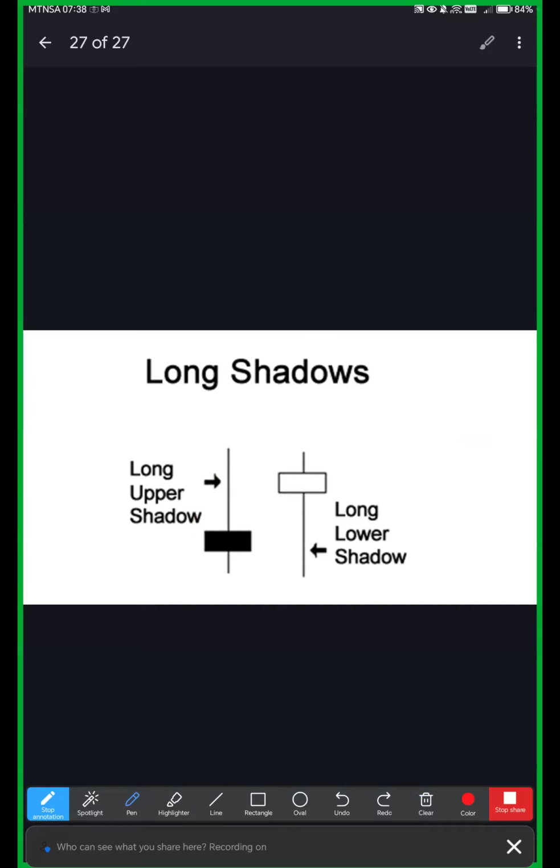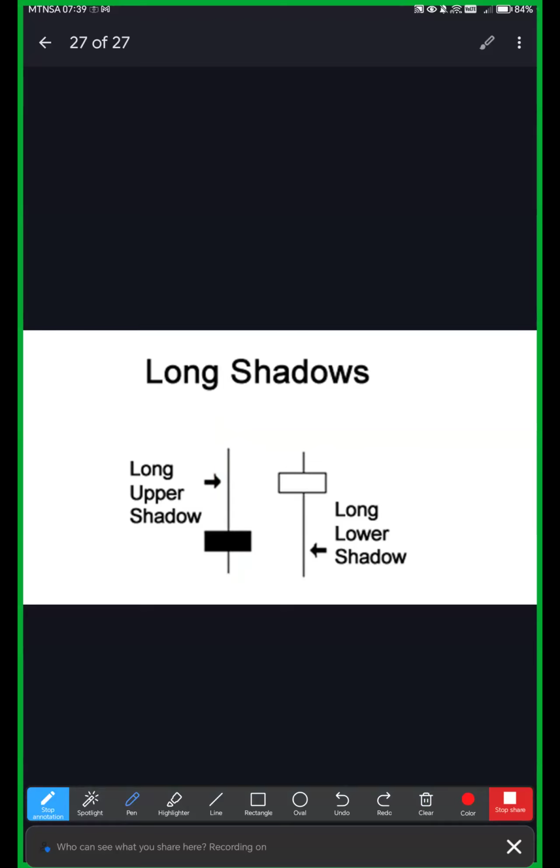If a candlestick has got a long upper shadow and a short lower shadow, this means that, please follow me closely, you're going to appreciate candles, buyers flexed their muscles when it comes to the bidding of price. So they did bid the price high.